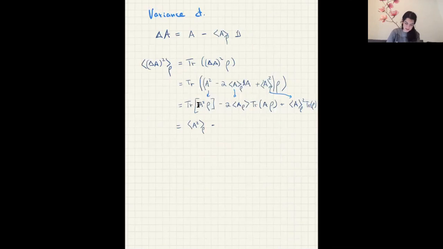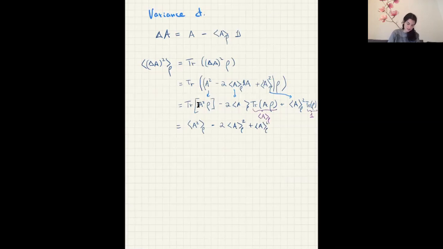This thing here is just the definition of the average. And the trace of rho, because it's a density matrix, is normalized, so the trace is 1. So then we have minus 2 times the average of A rho squared, plus the average of A rho squared.